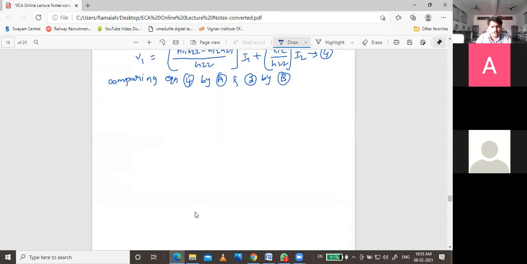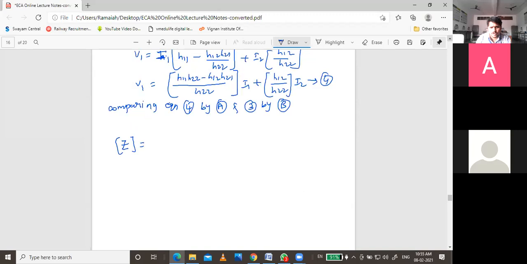So how can we write these Z parameters in terms of H parameters? First, using equation 4, V1 equal to Z11 I1 plus Z12 I2. So this is (H11 H22 minus H12 H21) by H22, this is Z11. Now H12 by H22, this is Z12.